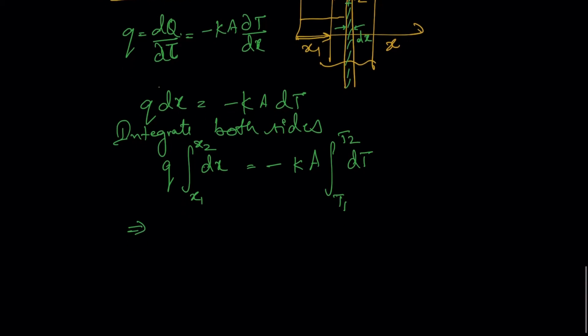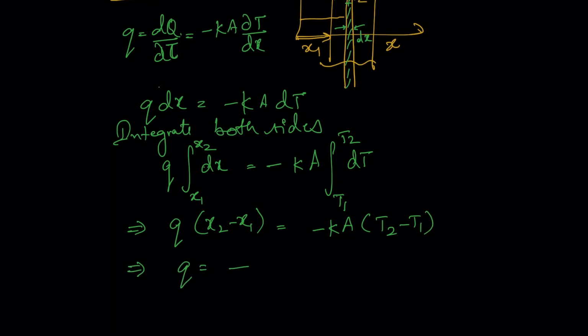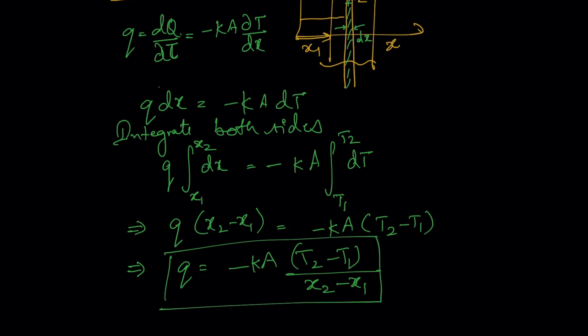So this will be q into x2 minus x1 equals minus Ka T2 minus T1. So q equals minus Ka T2 minus T1 divided by x2 minus x1. This is the same as we have done in the first method, right?